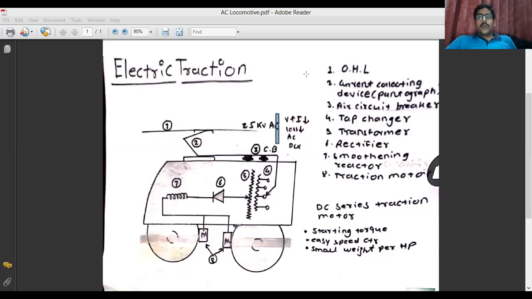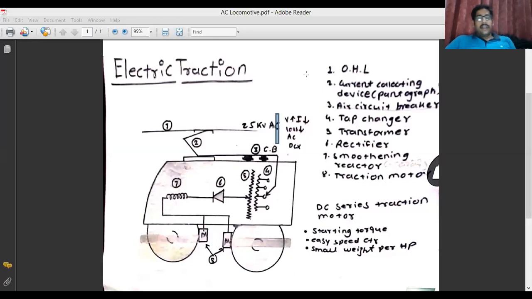Now in order to collect this high voltage, high power to the vehicle, we are using a current collecting device, and in technical terms in traction system it is called a pantograph.